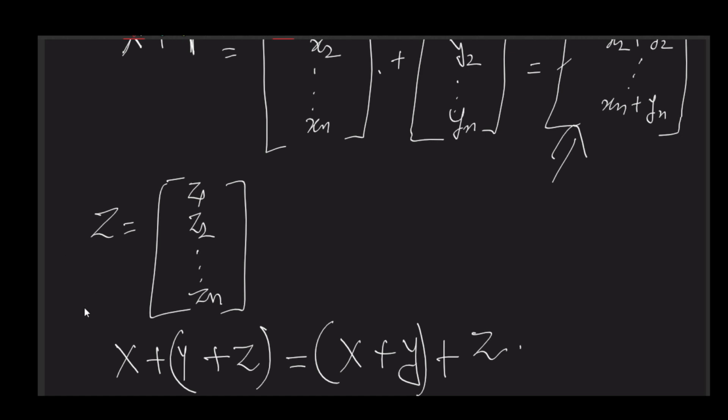Right. Now, the existence of the additive identity, or the zero vector, is also very easy for us to show without any difficulty. So there always exists a zero vector. What would be the structure of that zero vector?